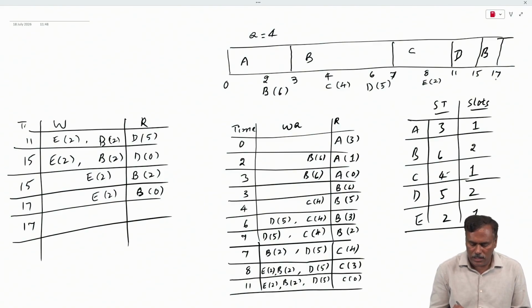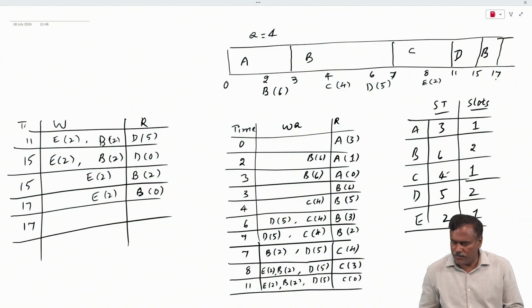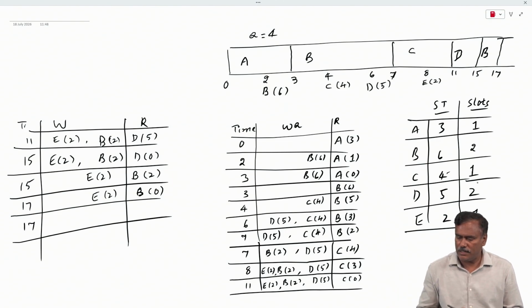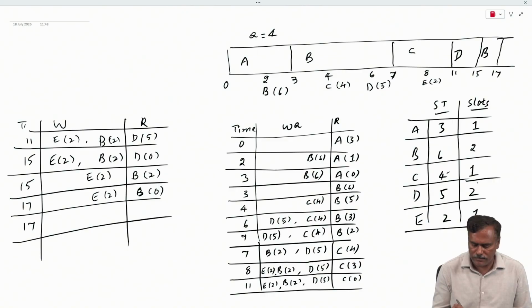Now at the 17th interval of time you have been left with only one process. You know A took 1 slot, B has taken 2 slots, C 1 slot, and D has already been executed for 1 slot. Now you start the execution of process E at the 17th interval of time.